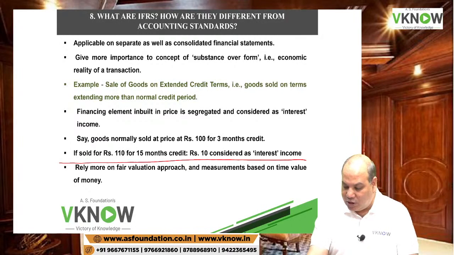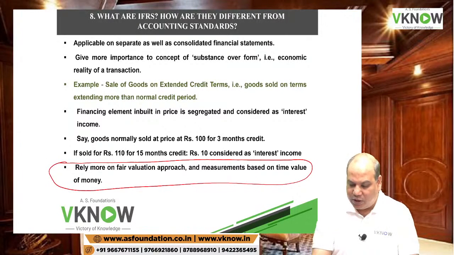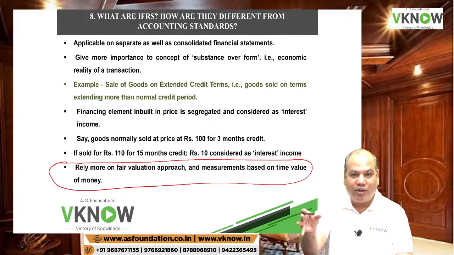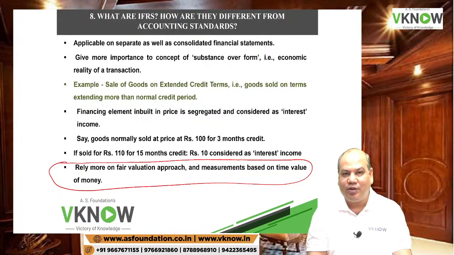Another interesting part about IFRS, which many people may not like, because we are used to the concept of conservatism, the concept of prudence. Right from 11th standard we are taught this: anticipated loss can be recognized, anticipated gain cannot be recognized.